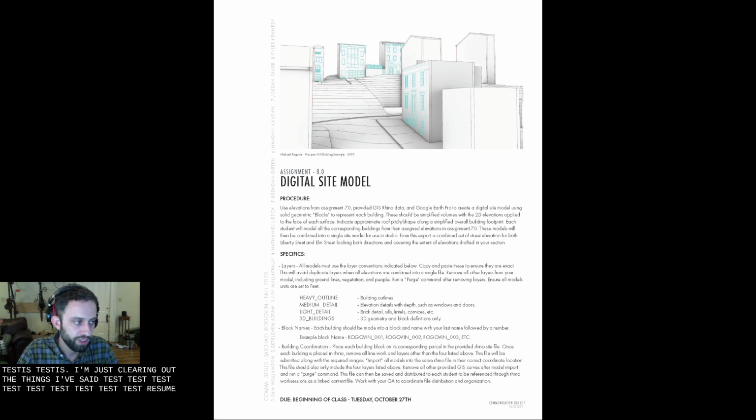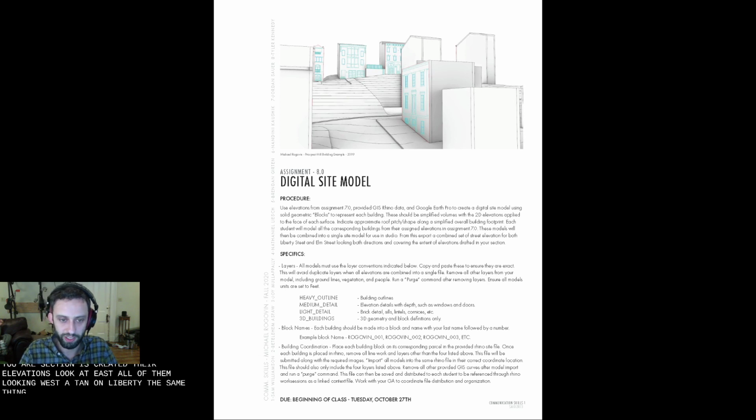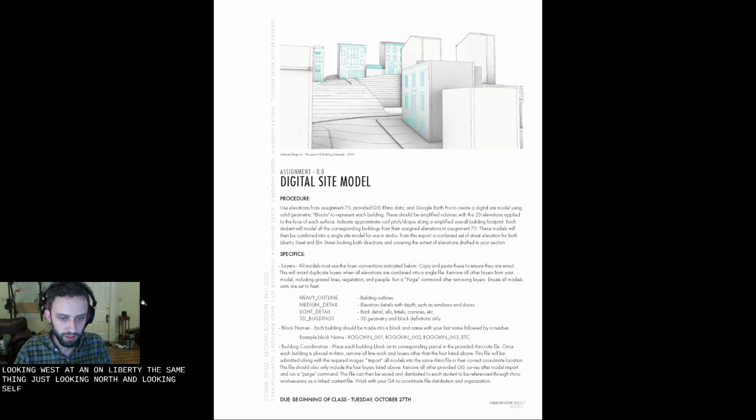I want you to create four elevations. On Elm Street, that would be the east and west elevation: all the buildings that your section has created, their elevations looking east, and all of them looking west. And then on Liberty, the same thing, just looking north and looking south.